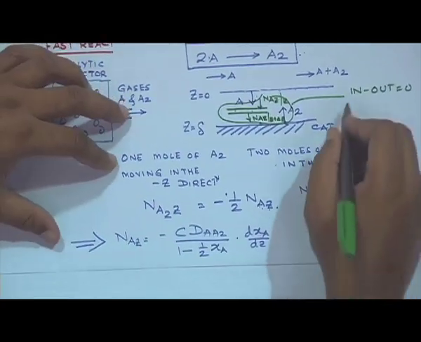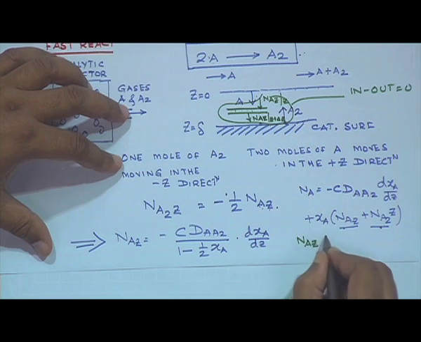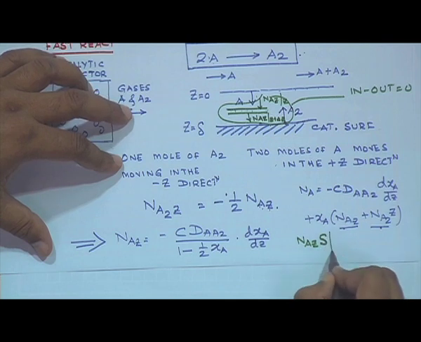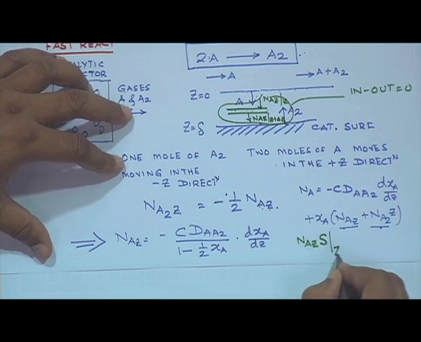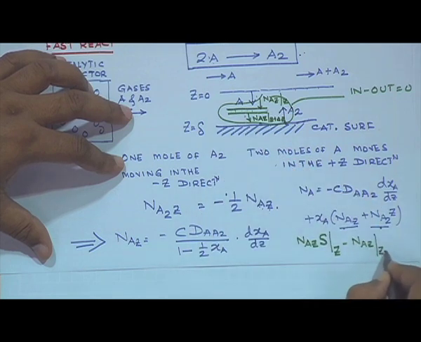So, what I would get is N_A,z multiplied by the cross sectional area S of this assumed slice evaluated at z, minus N_A,z evaluated at z plus delta z times S, is going to be equal to 0.